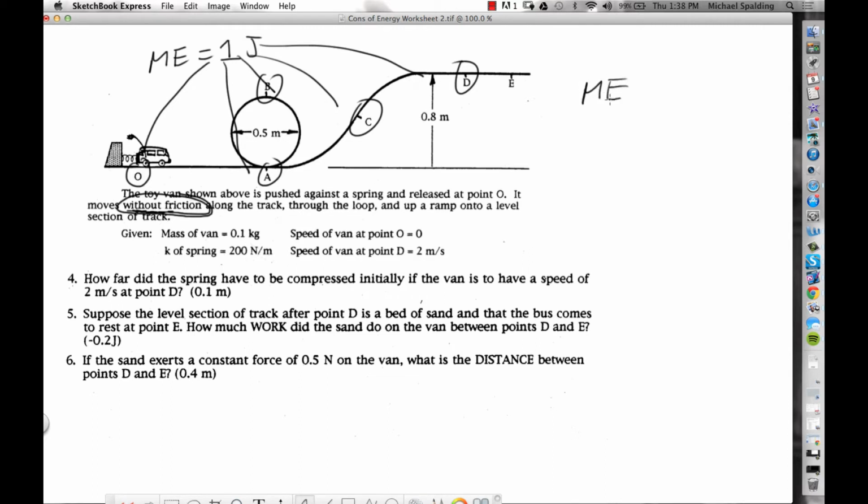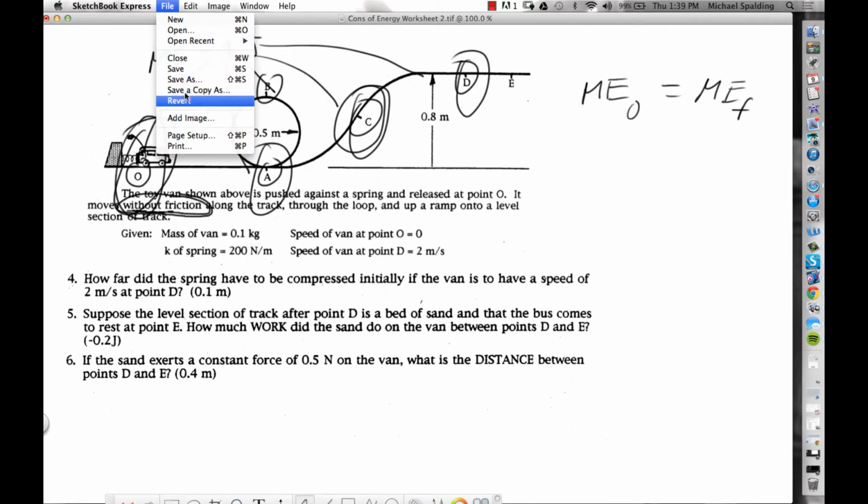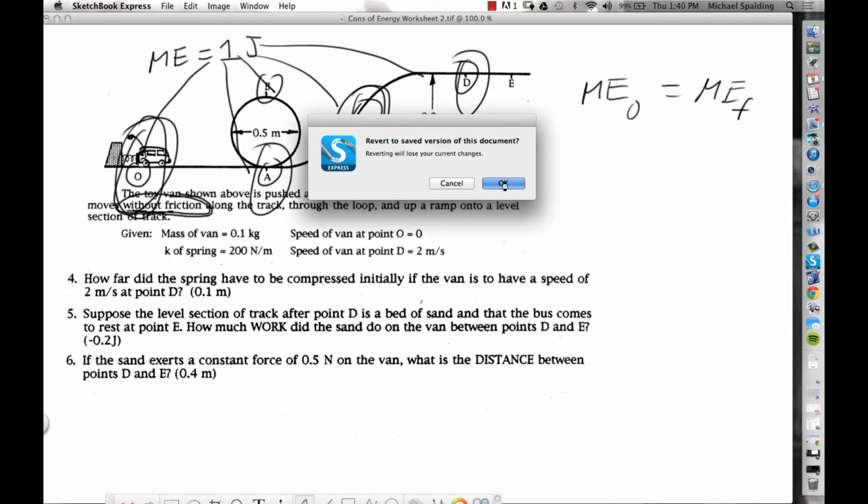So therefore, mechanical energy initial equals mechanical energy final. For any 2 points, you could say that O is the initial and A is the final, or C is the initial and D is the final. It doesn't matter because mechanical energy is staying constant. So mechanical energy everywhere is 1 joule.